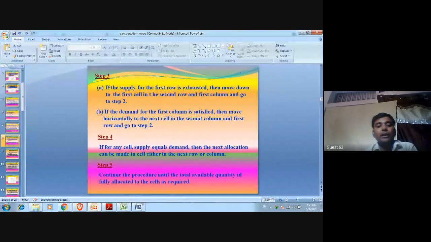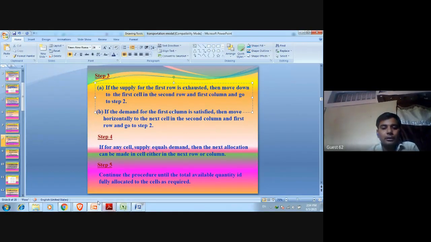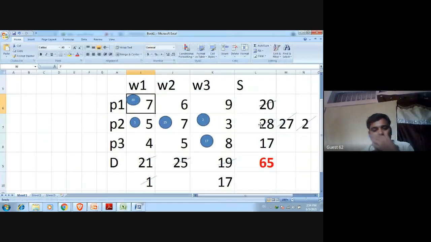Again, if the supply for the first row is exhausted, then move down to the first cell in the second row. So here, let us see in the example. The supply is over, so we will move to the second row. Similarly, if the requirement is over, then we will move to the next column, meaning W2.